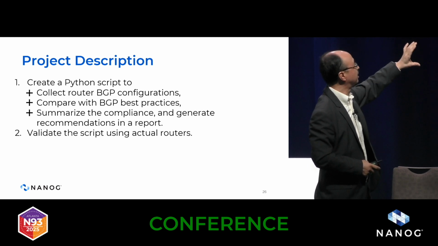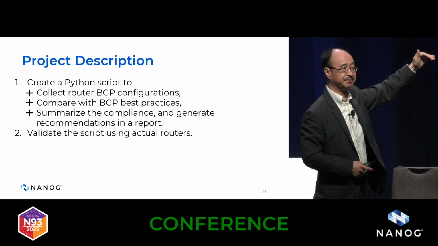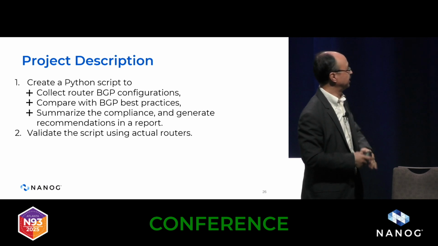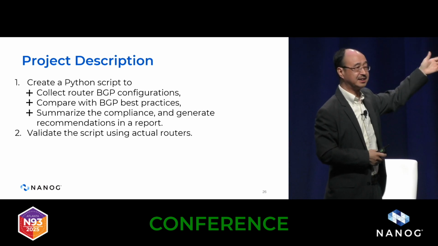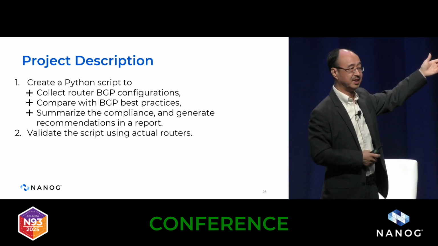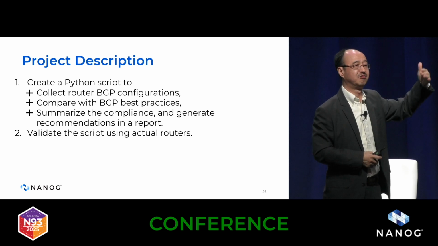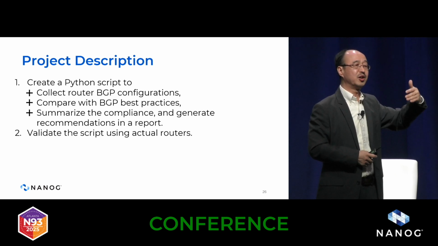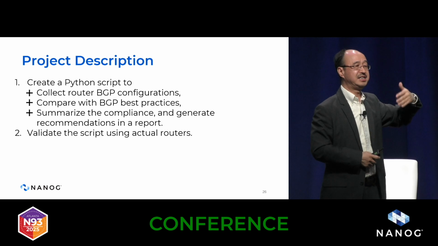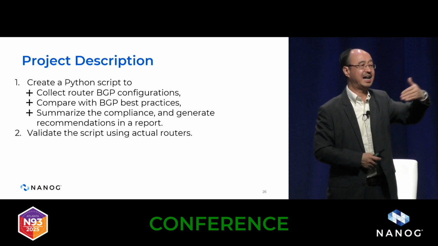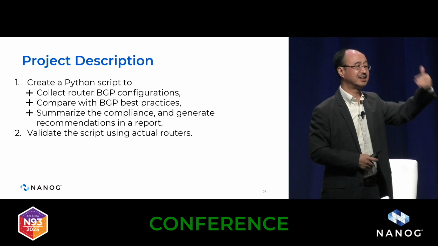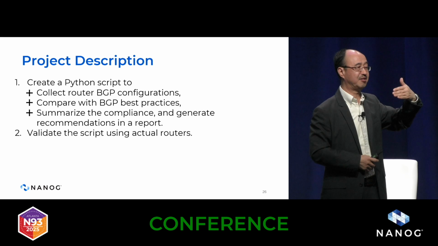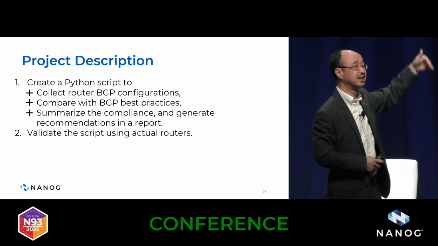But with the framework, we want to have another step. The second step is we want the agent framework to execute that script that's written. And we're going to have routers locally in our lab that the agents can directly access. We're going to provide them the access so that they can execute the script, making sure it collects the right kind of information that we ask for, the 3 tasks, right?